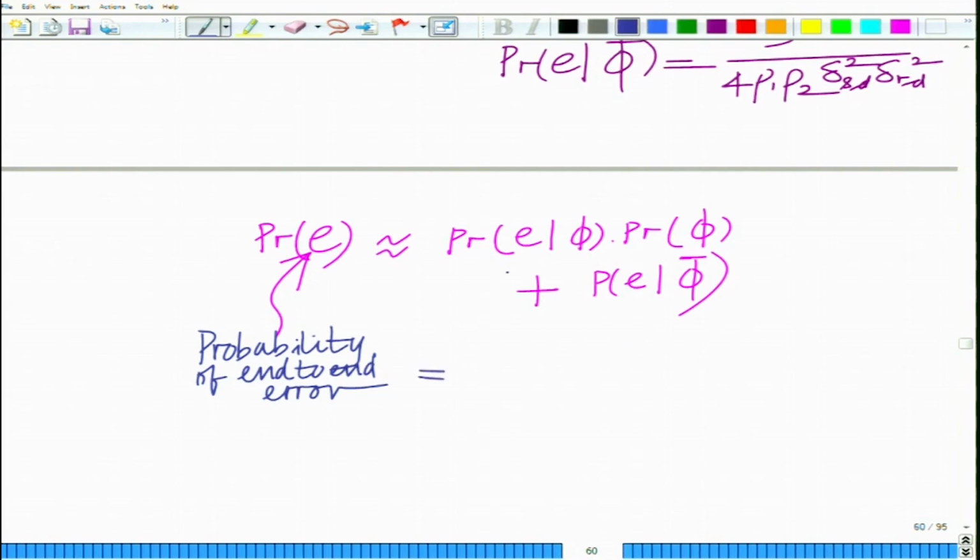So, this is equal to, first I substitute the probability of E given phi, that is, error at destination given error at relay.